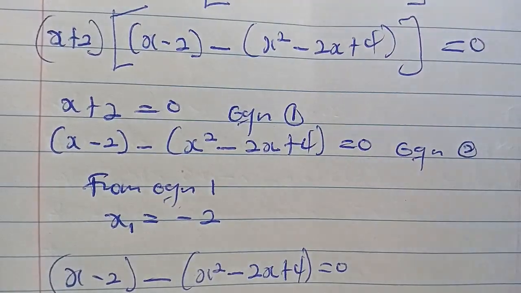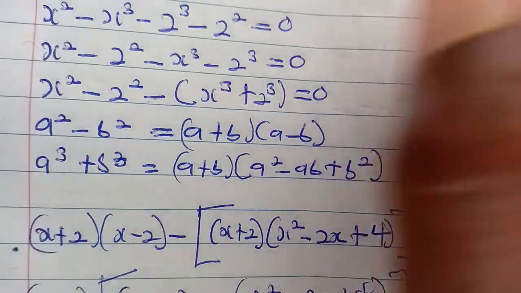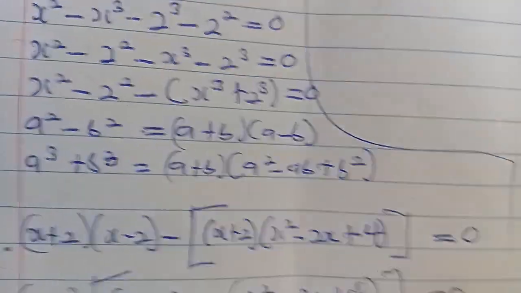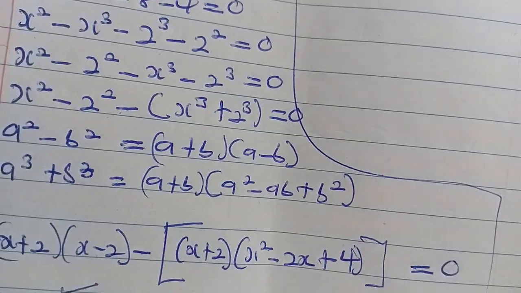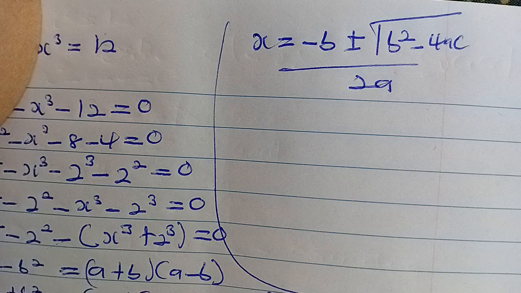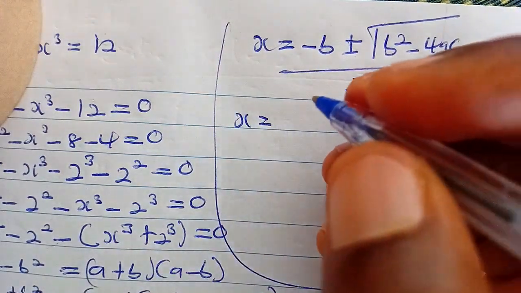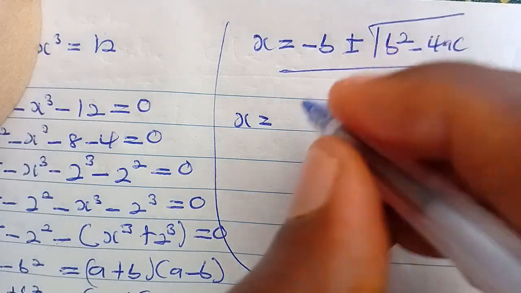Now let's try that. All right, so let's continue. From our final equation, b is minus 3.